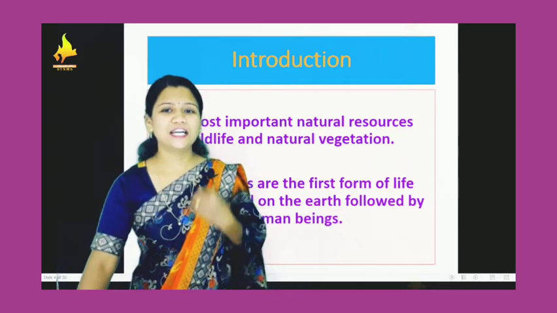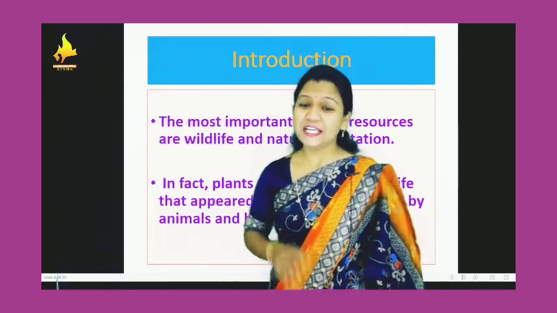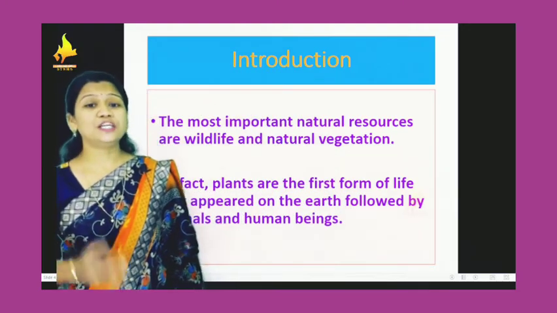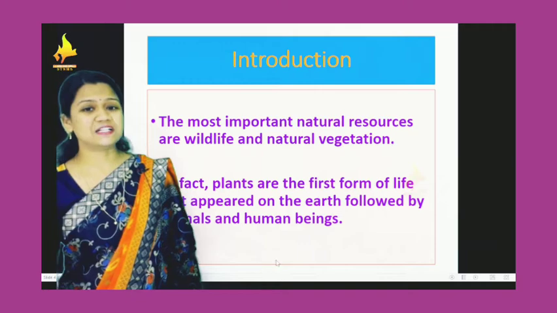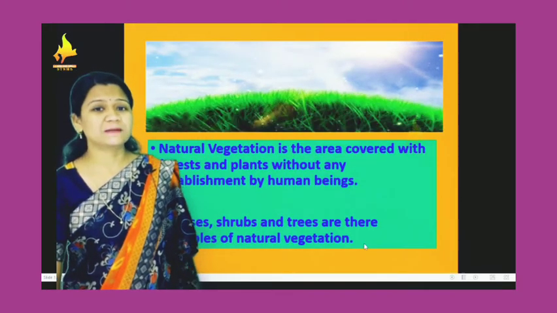The most important natural resources are wildlife and natural vegetation. In fact, plants are the first form of life that appeared on the earth, followed by animals and human beings. Without the interference of human beings, they are formed.